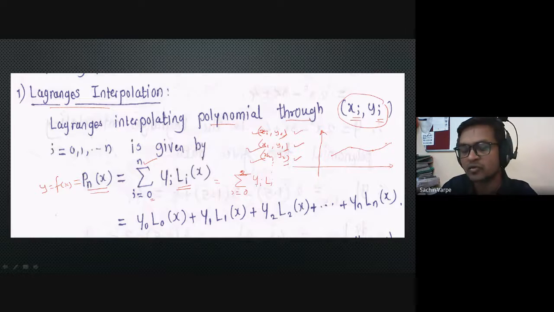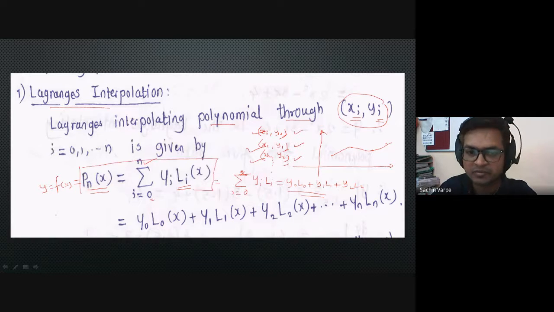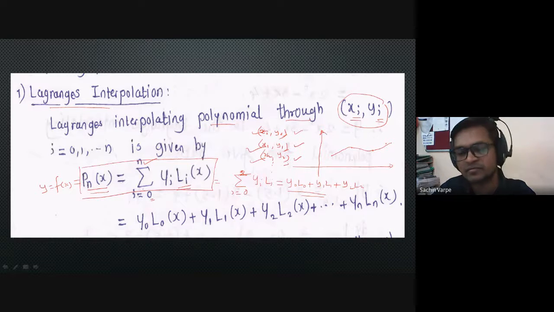Okay, 0, 1, and 2. So if we expand the summation, that will be y naught l naught plus y1 l1 plus y2 l2. This will be the required polynomial. Is this clear to everyone? यहाँ तक clear है सबको? This is the definition of Lagrange's interpolating polynomial. Is this clear to everyone?